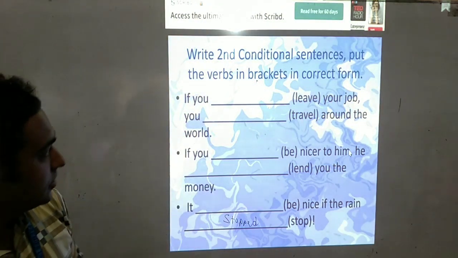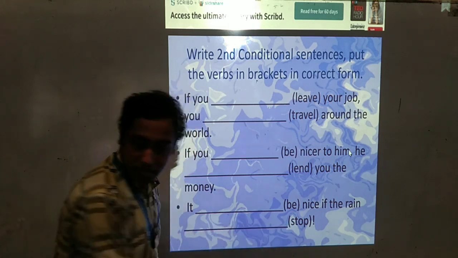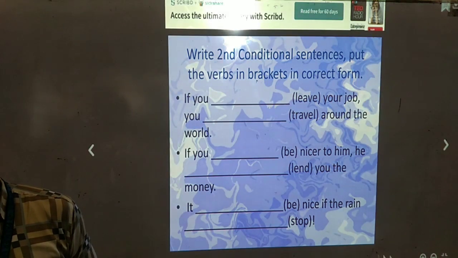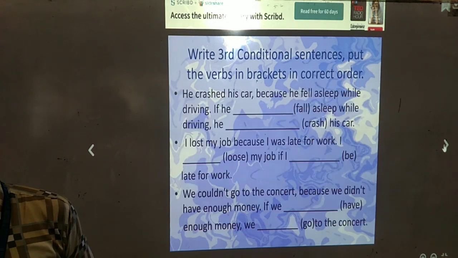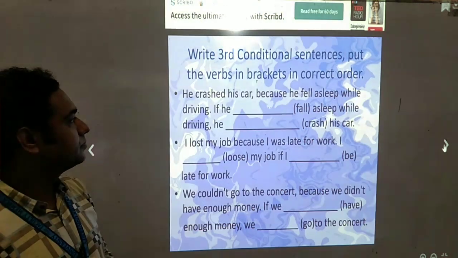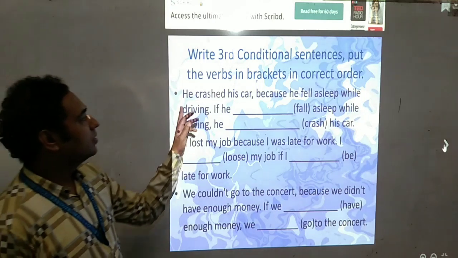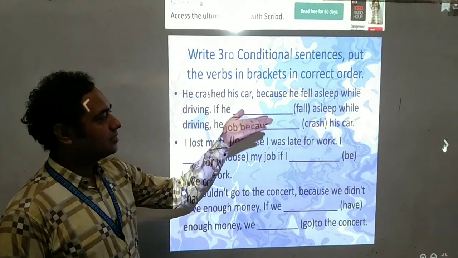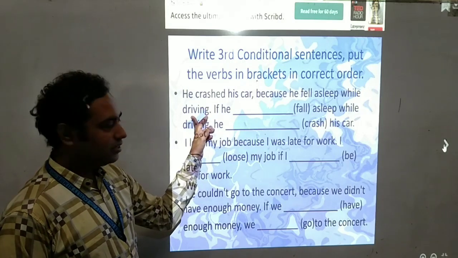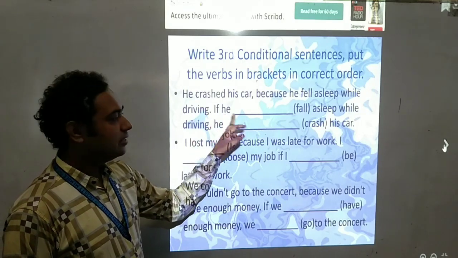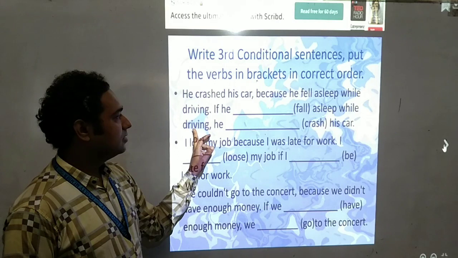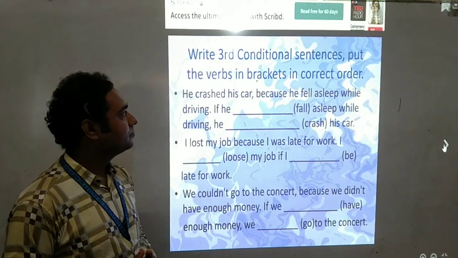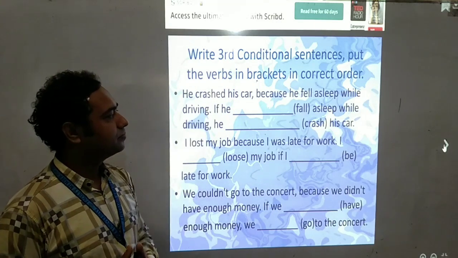That's the practice. Let's come to the next. Last one. Third condition. He crashed his car because he fell asleep while driving. If he fall asleep while driving, he crash his car.